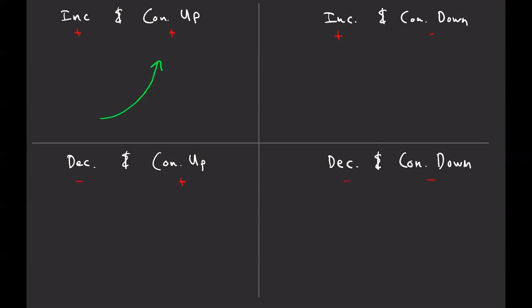Like that's increasing and concave up. This is going to be increasing and concave down. This is going to be decreasing and concave up. And this is going to be decreasing and concave down. And that's it right there. That's the four sort of curves that you can draw.